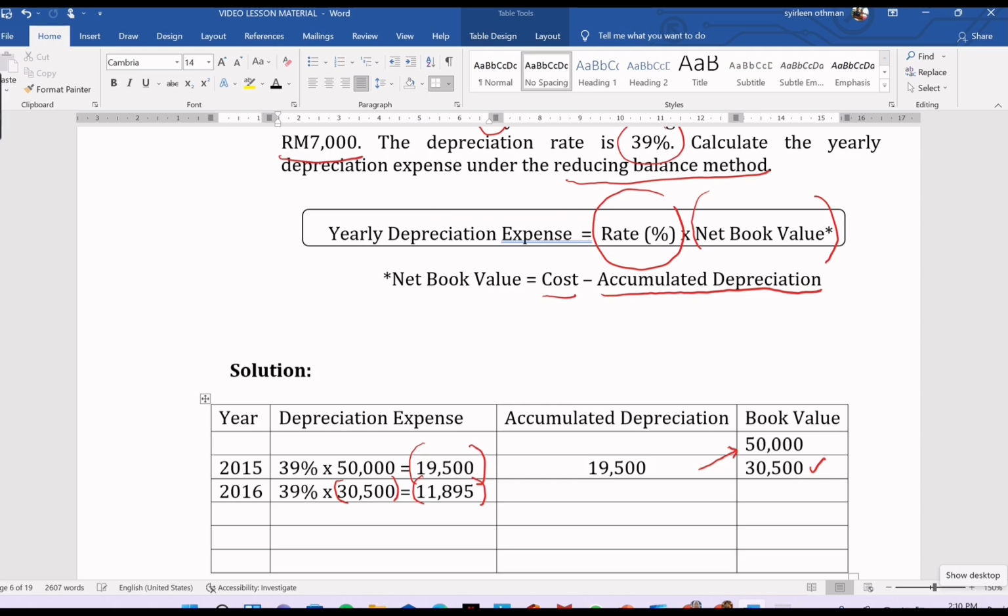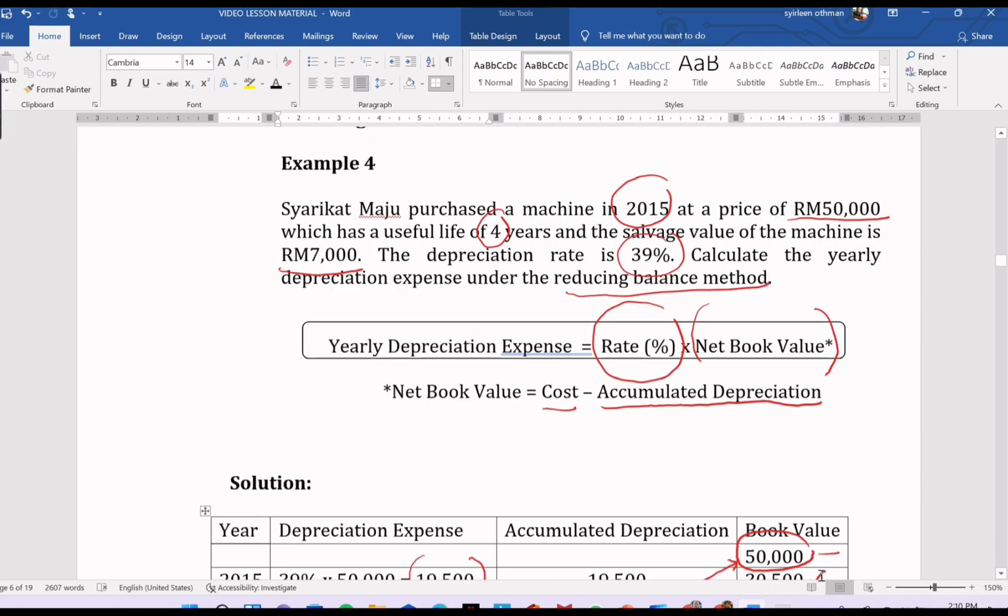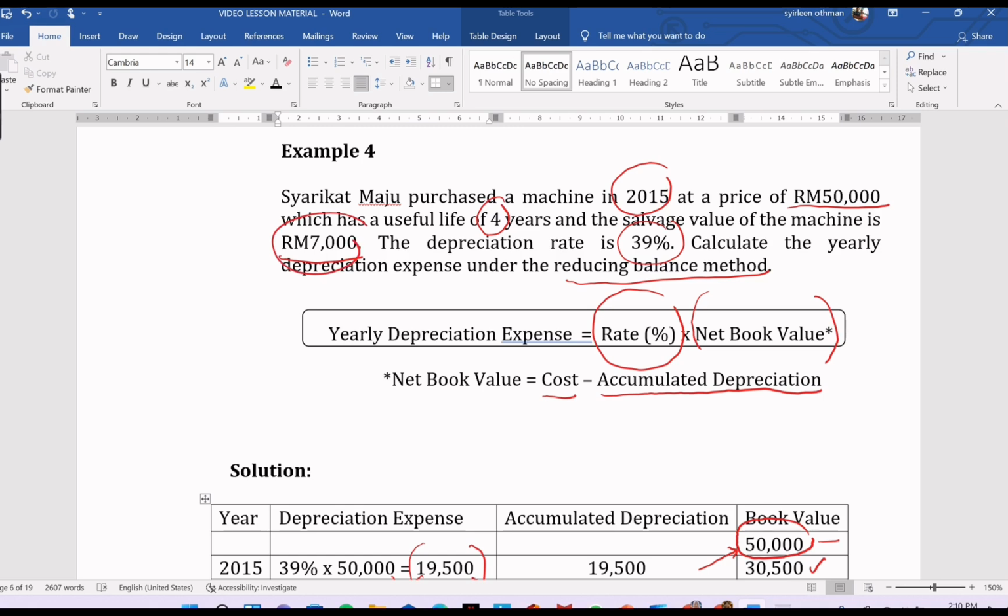As you can see here, I do not minus my asset value with the salvage value. As you can see in the question, you have a salvage value kan? The salvage value is 7,000. So kita tak tolak pun. No need. You only minus that 7,000 if we are using straight line method.